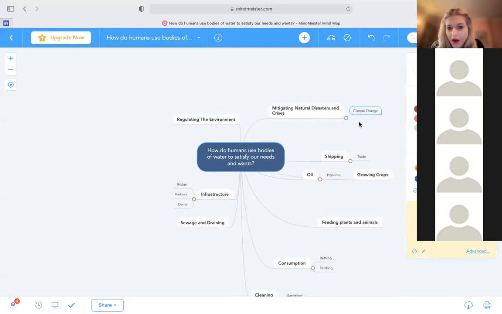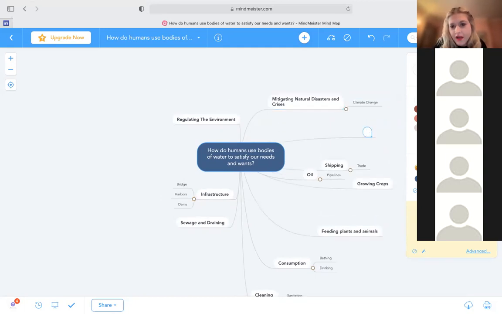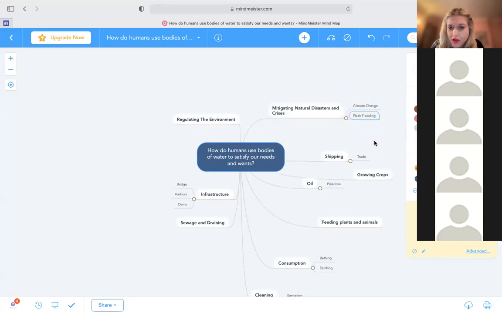But even if it's just a natural disaster, not human induced, like flash flooding, a relatable example for a lot of us. Flash flooding may or may not be induced by human climate change. It could just be that we've had flash floods through all of history, written history at least.